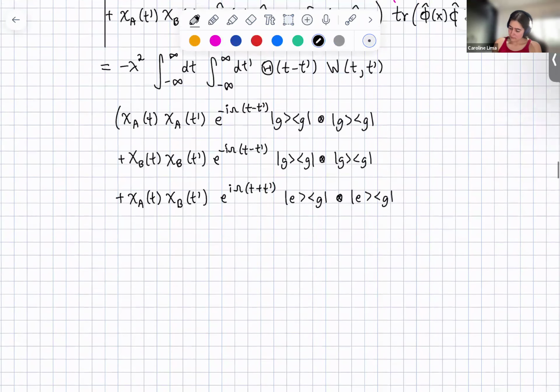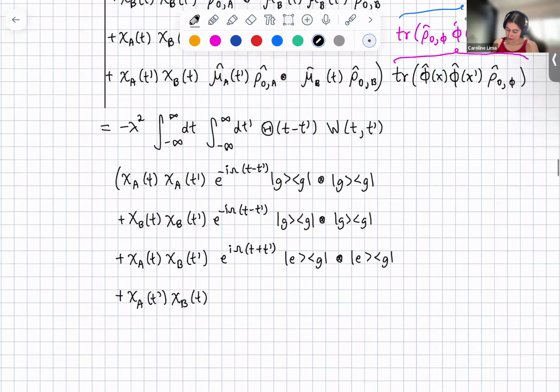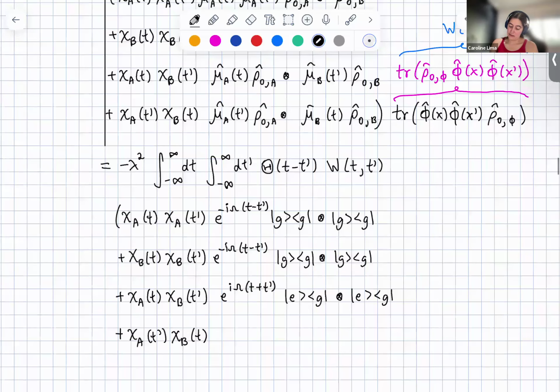And then finally the last one here is going to be chi B, chi A of T prime, chi B of T. And then I have exactly the same things, but here I'll just basically have to swap T and T prime, right?